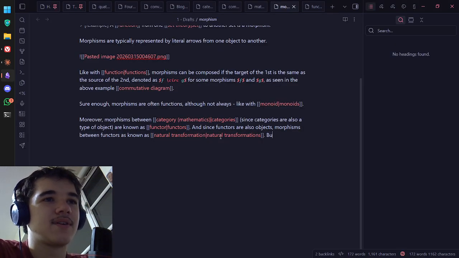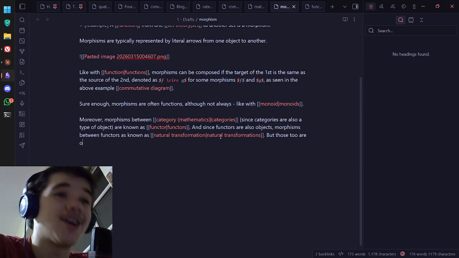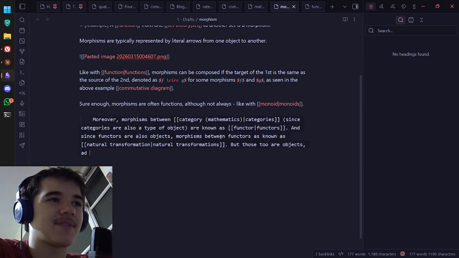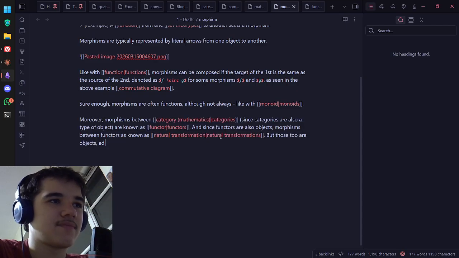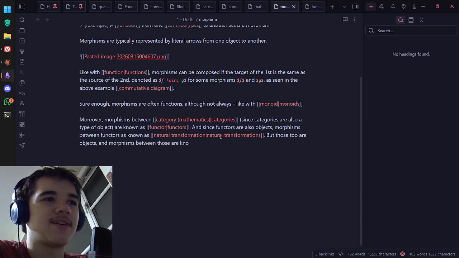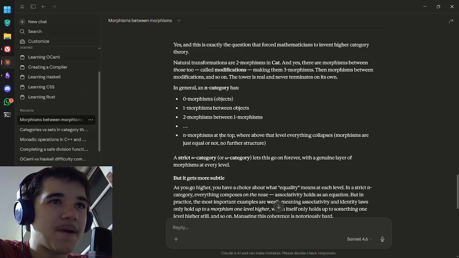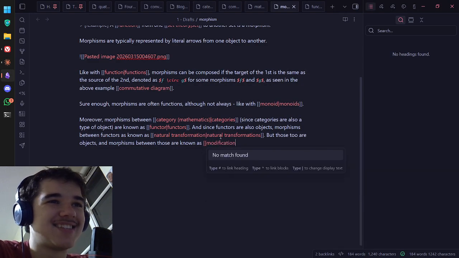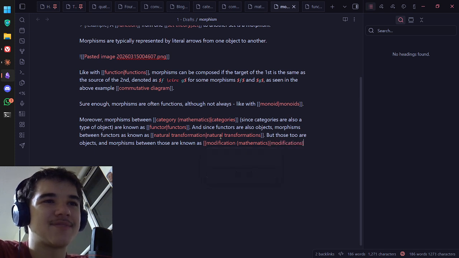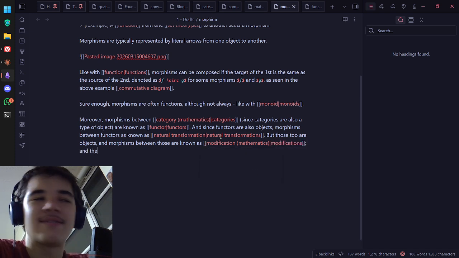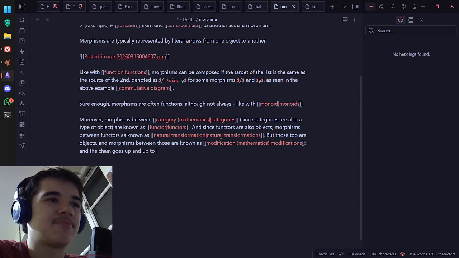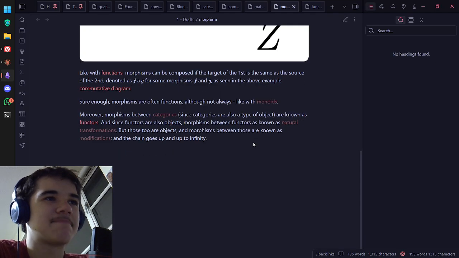But those are also objects, and morphisms between those are known as, what did I say, modifications. Oh my god, modifications. And the chain goes up and up to infinity. That's crazy. That is crazy.